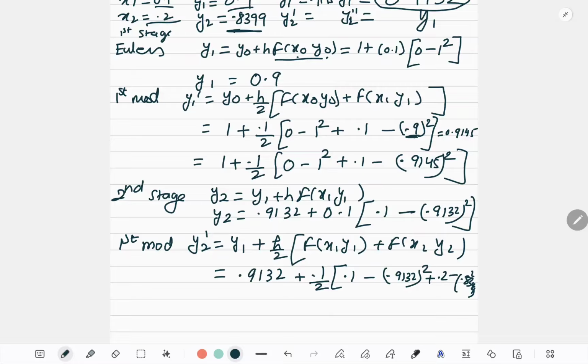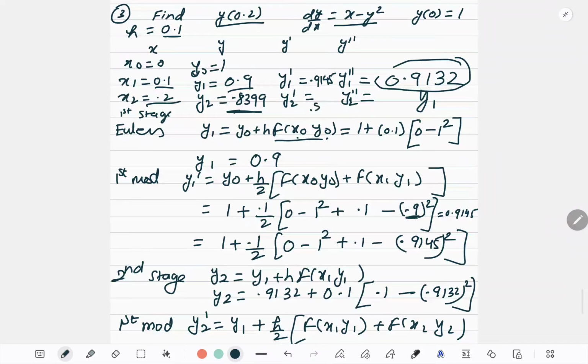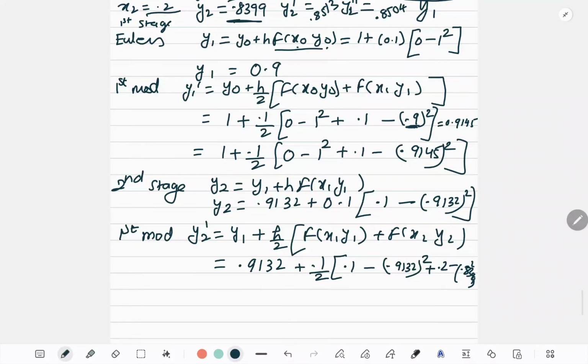Right? So what is a modified value here? Write down the value here. So using your calculator, you simplify it, you will get 0.8513. Now once again you modify, you will get 0.8504. Right? Once again when you are modifying, how it will come? 0.9132 plus 0.1 upon 2, 0.1 minus 0.9132 square plus 0.2 minus, here you should put the new value.